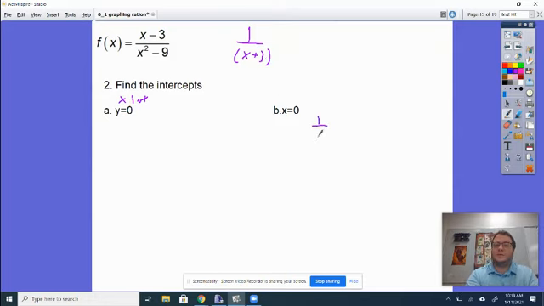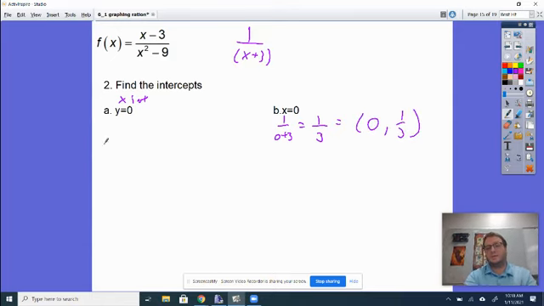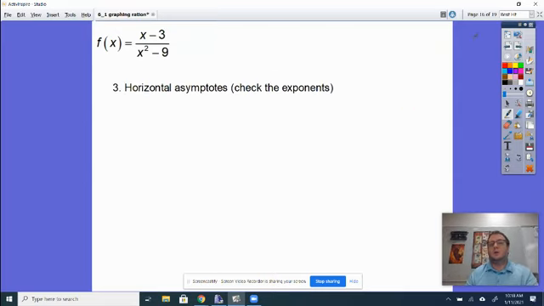There's 1 over 0 plus 3, so my y-intercept is going to be at 0, 1/3. Again, x-intercepts, jury's out for right now. Horizontal asymptotes: smaller on the top in the numerator, so we're going to have one at y equals 0.